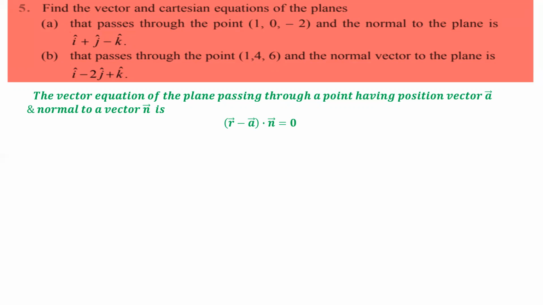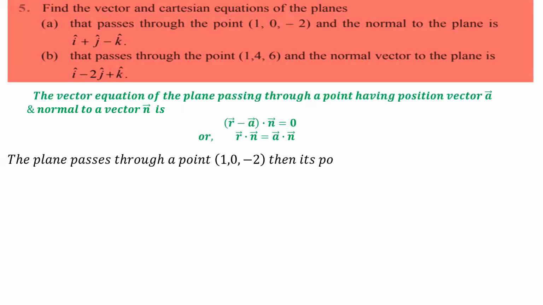Here you can write the position vector for the point. If we take question number A, the point is (1, 0, minus 2). So the position vector of the point is i cap minus 2k cap, or you can write i cap plus 0 into j cap minus 2k cap, and it is normal to the vector n, which is i cap plus j cap minus k cap.